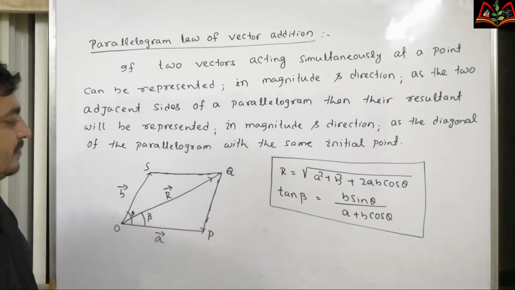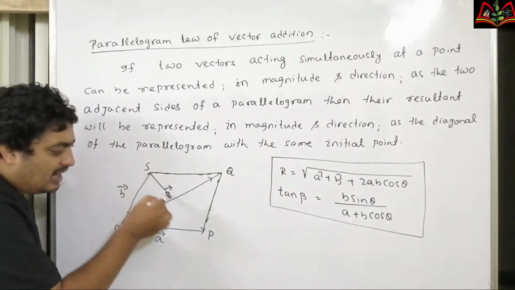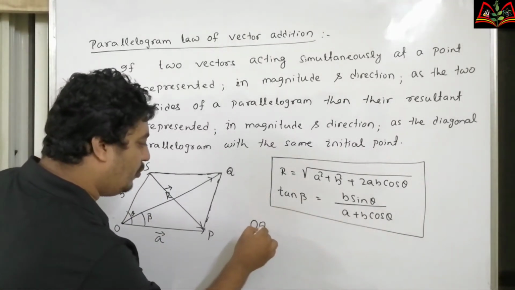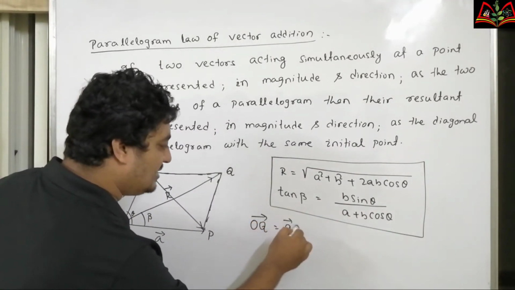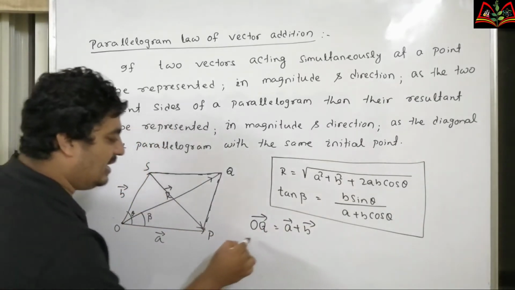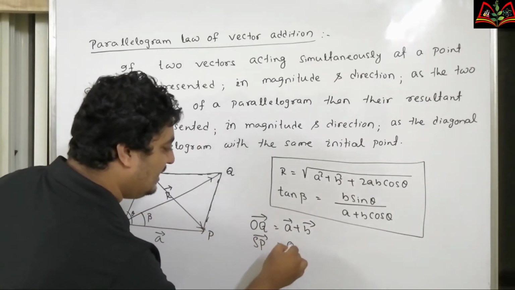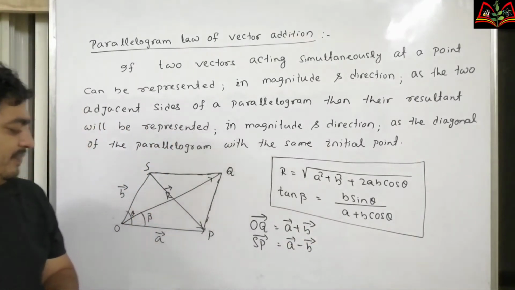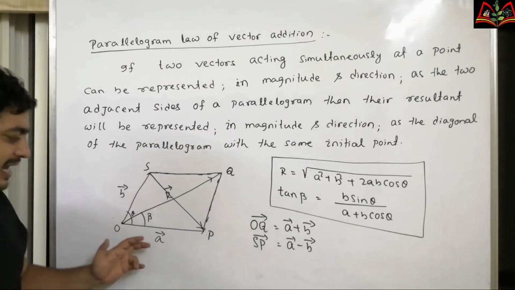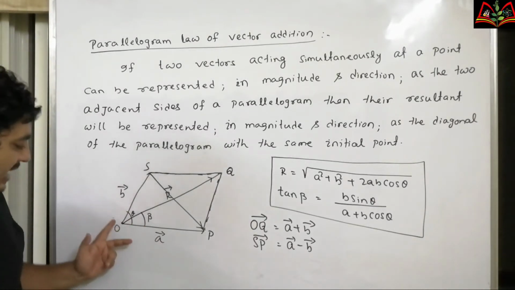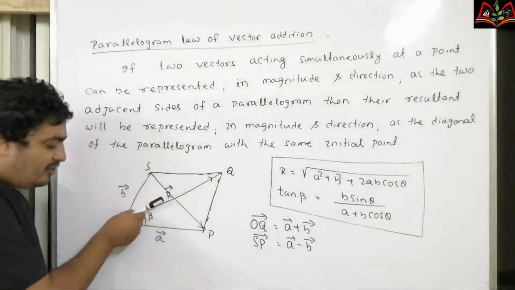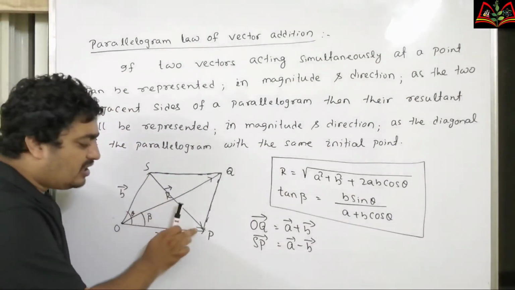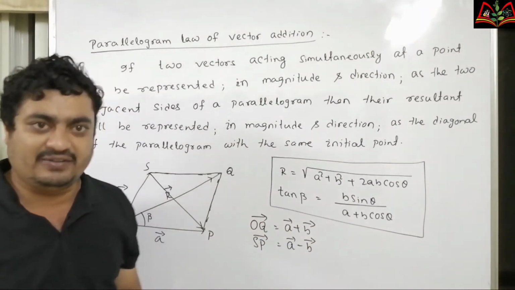in triangle law. Now, what will the other diagonal represent? Just remember, if OQ is equal to A plus B, then the other diagonal SP will represent A minus B. So, in a parallelogram, if two vectors are represented as the adjacent sides, then the diagonal with the same initial point will represent the sum, and the other diagonal will represent the difference.